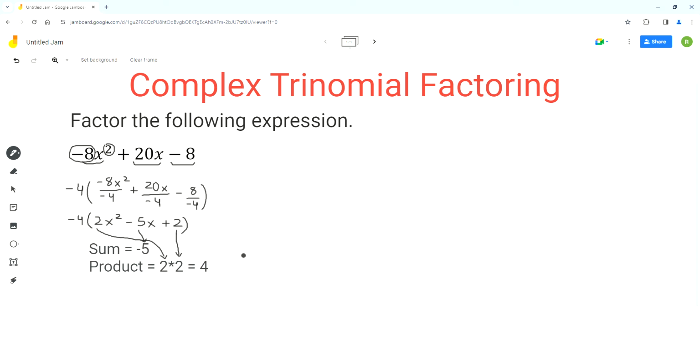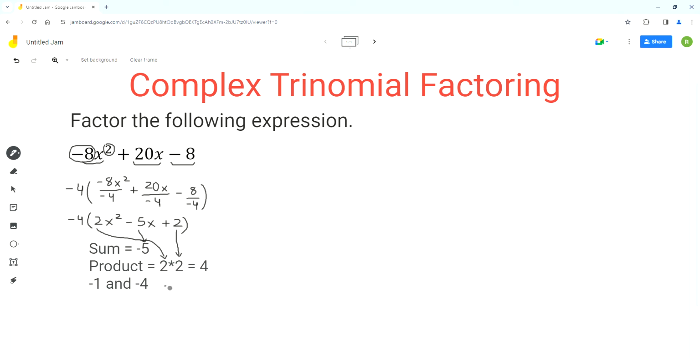This is a very important step we need to understand and memorize. Now we'll focus on the product to find the 2 numbers whose sum is negative 5 and the product is 4. The first pair of numbers that comes to my mind is 1 times 4. Now 1 times 4 is equal to 4. If we make both of these numbers negative, then the sum becomes negative 5.